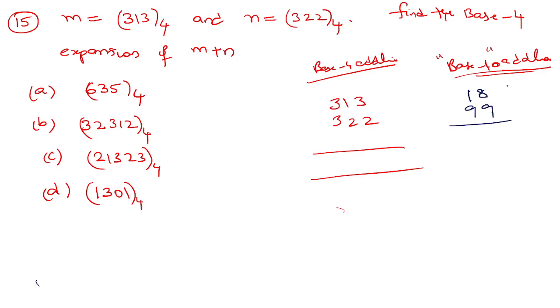So 9 plus 8 is 17, right? So what will you do? You write 17 here. 9 plus 1 is 10. You write 10. So the answer is 1017. Is that how you do?